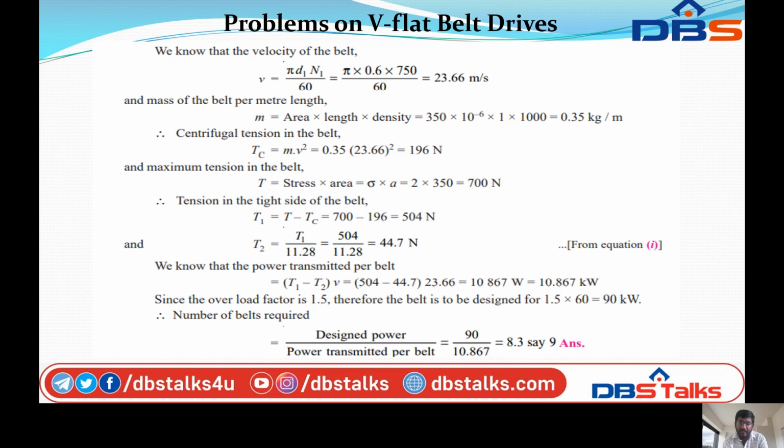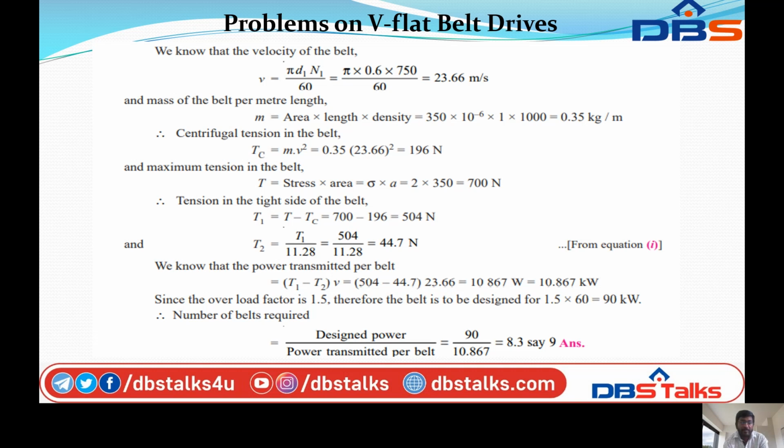So for the tension in the tight side of the belt, we calculate the T1 value. T1 is equal to T minus Tc. Substituting the values, T is equal to 700 minus Tc is equal to 196, so that is equal to 504 newton.